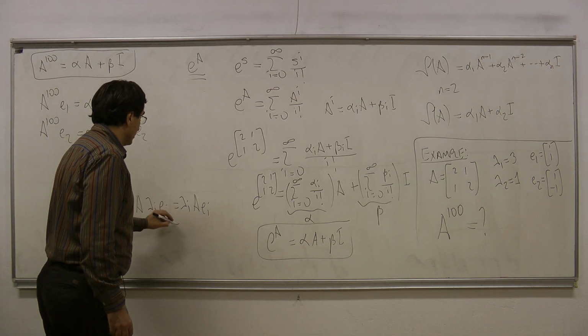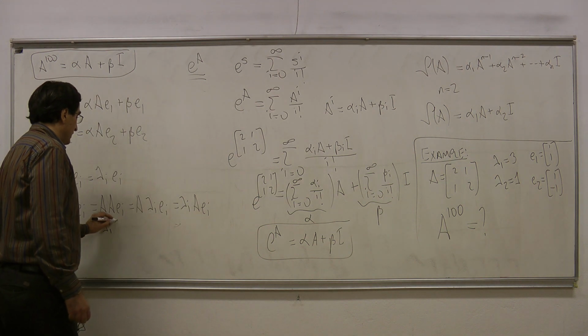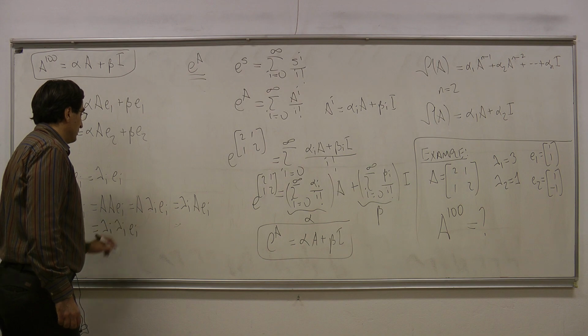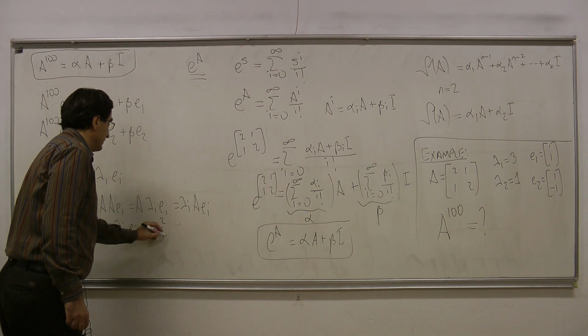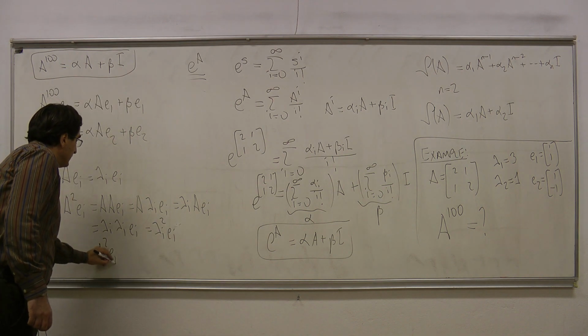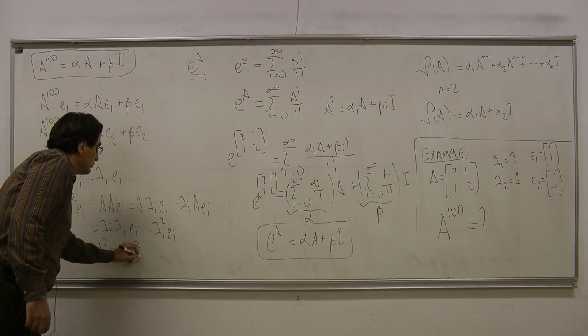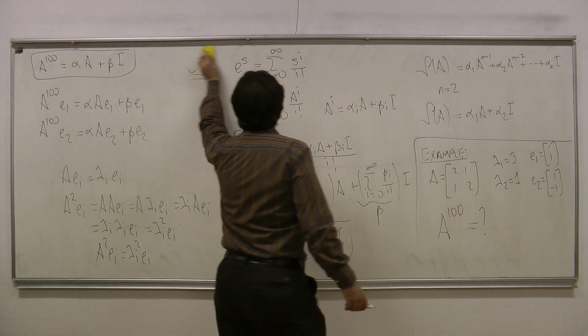And that is going to give me the following. Lambda i, instead of A Ei, I would write lambda i times Ei once more. And this is going to be lambda i squared times Ei. Okay? So we see here that A squared Ei is equal to lambda i squared Ei. This is very nice.